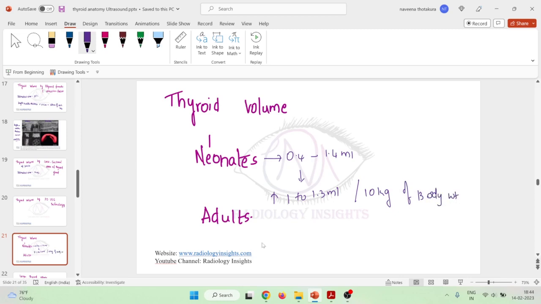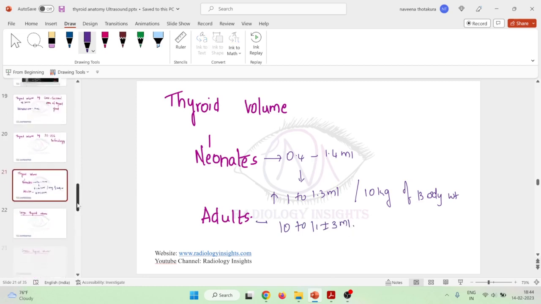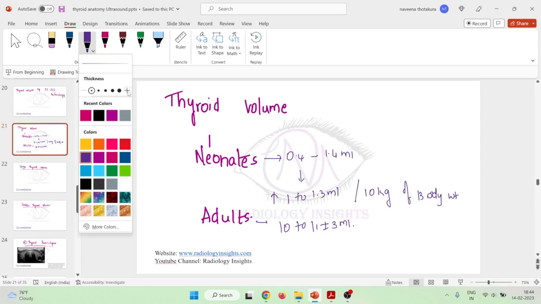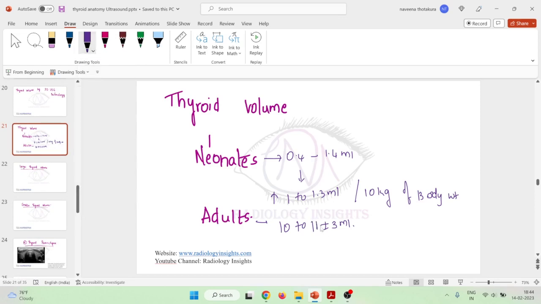And once the child reaches adulthood, the thyroid gland volume will be 10 to 11 plus or minus 3 ml. So this is the normal volume of the thyroid gland.